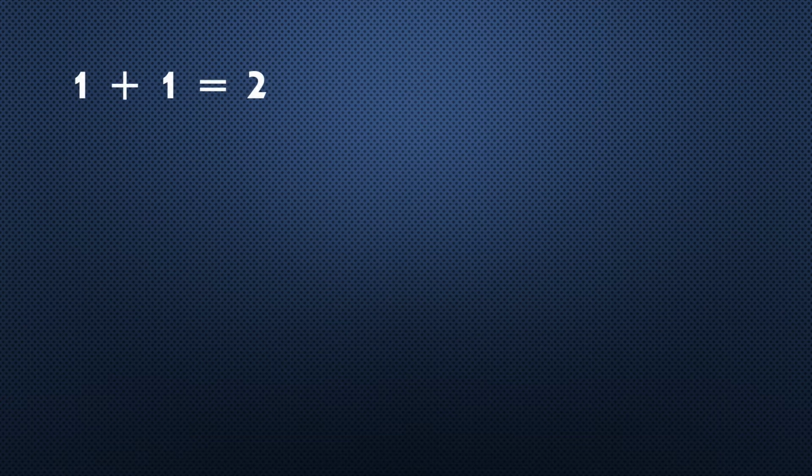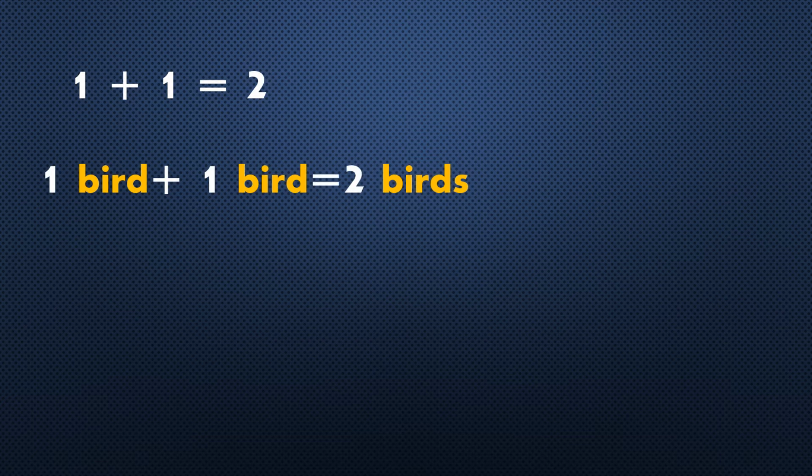Very good. If I tell you 1 bird plus 1 bird, what is the answer? 1 bird plus 1 bird equals 2 birds. So when I tell you 1 LE plus 1 LE equals what? Equals 2 LE. So it's going to be so easy. It's just like numbers.